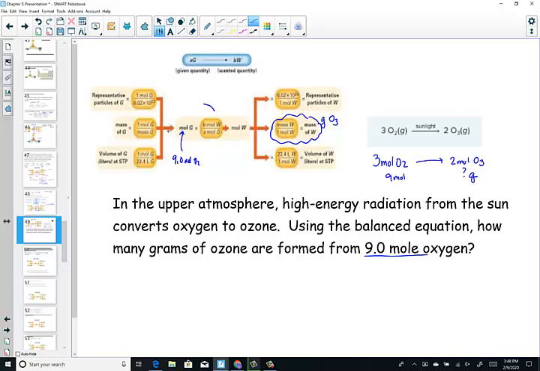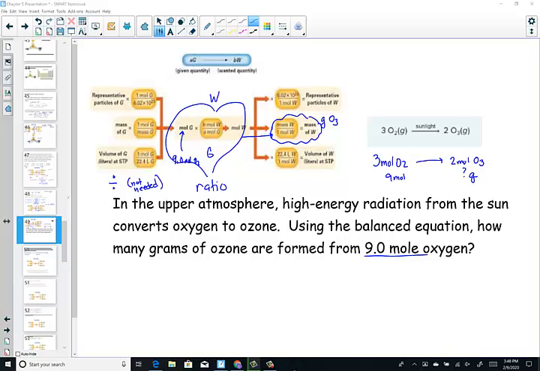I know that the heart of my stoichiometry roadmap is my want over given coefficient ratio. But I need to go one step further to get out to the grams of ozone. So remember, the first step is always divide. If I need to head into the mole, I divide. I don't here because I'm already at the mole, so I'm not needing step 1. But I will always ratio.